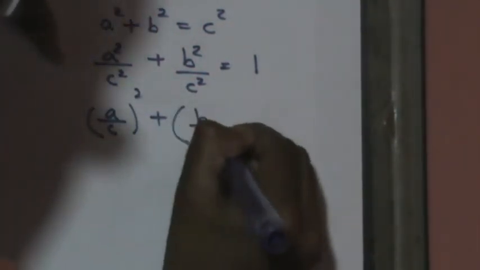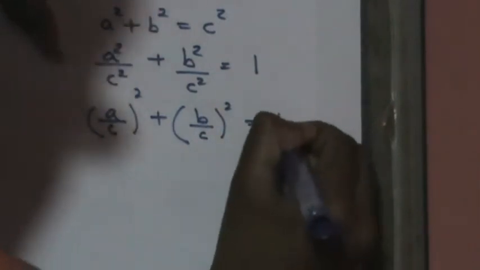What that means is A divided by C, whole squared, plus B divided by C, whole squared, is equal to 1. You know that if this angle is theta, A divided by C is the cos of the angle, and B divided by C is the sine of the angle.